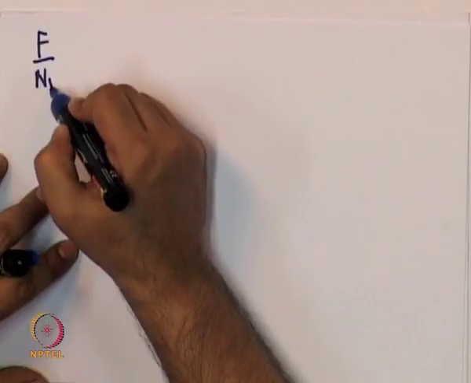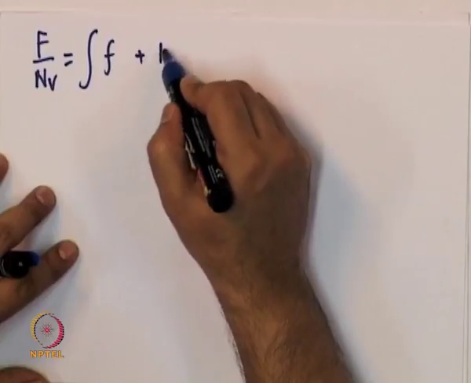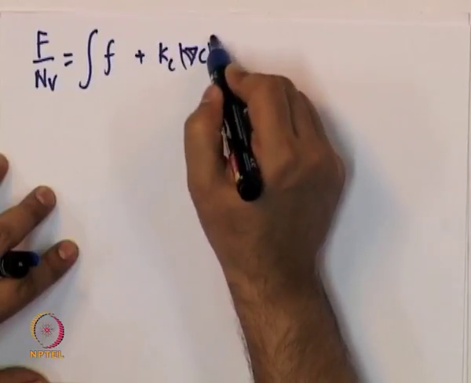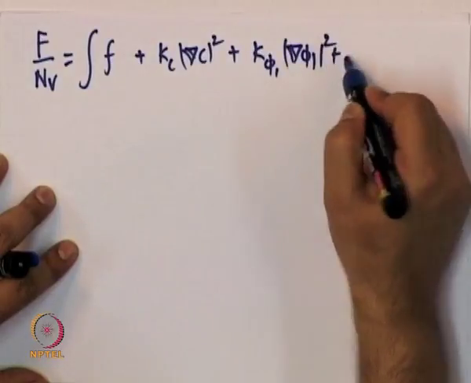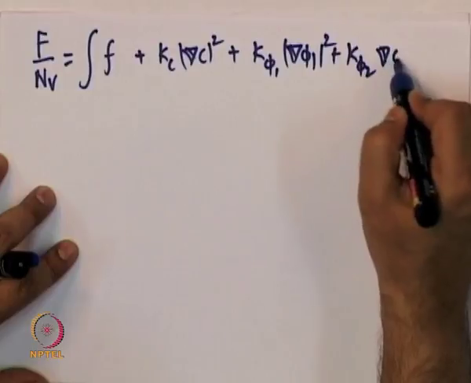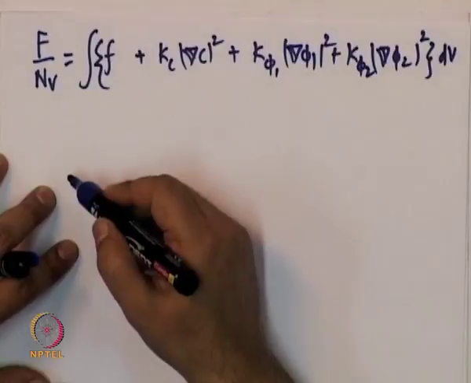Once we have the free energy functional, it is possible to develop the evolution equation. So, let me write down the free energy expression in complete. Now, I have F by NV as nothing but the integral of F plus kappa C (del C) squared plus kappa phi 1 (del phi 1) squared plus kappa phi 2 (del phi 2) whole squared, dV.